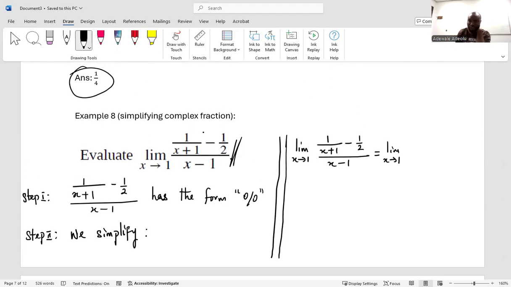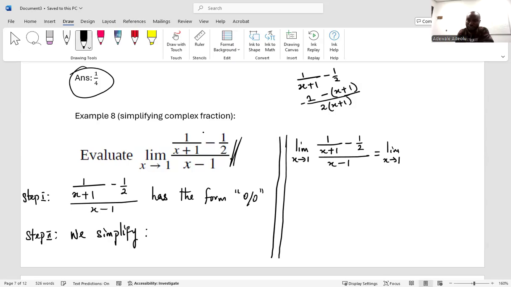Now, what can I do to this part, 1 over x plus 1 minus 1 half? I can do this: 2 over 2 times x plus 1 for the denominator, then I can say this is 2 minus, I need to be careful, x plus 1.